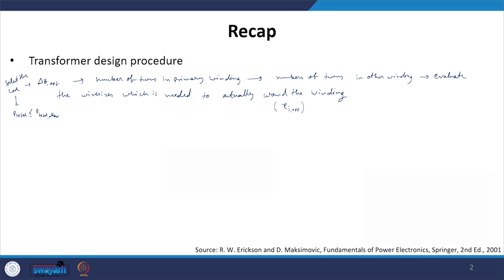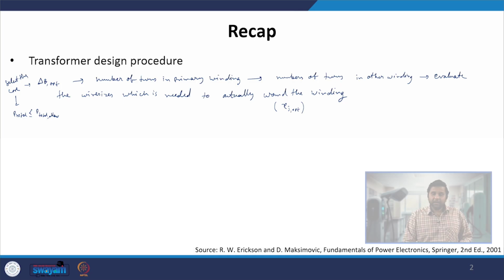That is where we completed the transformer design procedure, and once we obtain the transformer we finally do the design check, to see whether the losses in the transformer are less than or equal to the allowable losses.